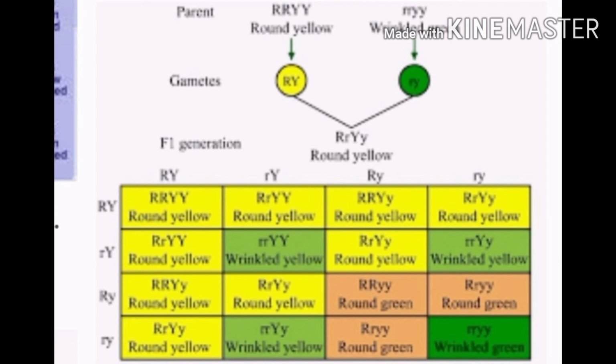Here you will find that some seeds were round and yellow, some round and green, some wrinkled and yellow, and some green and wrinkled. The ratio of the plants with all these characteristics is 9 is to 3 is to 3 is to 1.